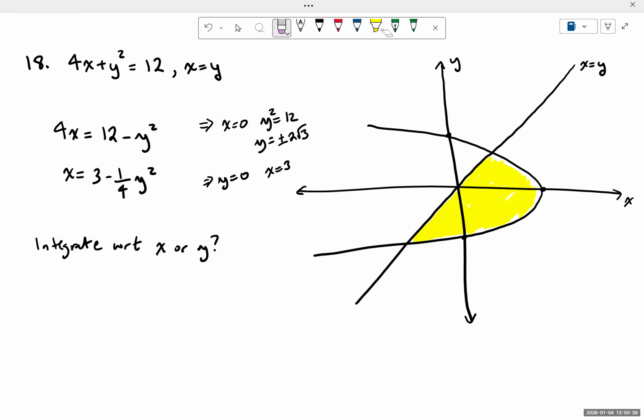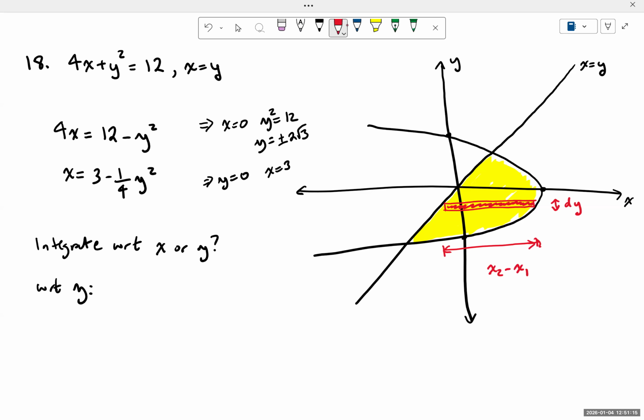All right, so with respect to y, I have something which looks like this. I'll use red. Okay, that looks a lot better for me because this guy is the dy, and then this guy is going to be x2 minus x1.